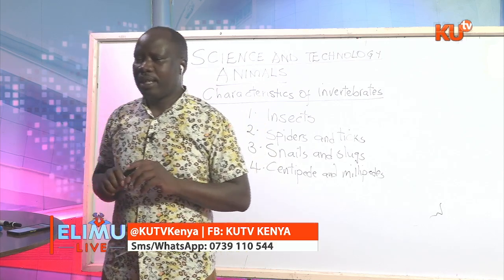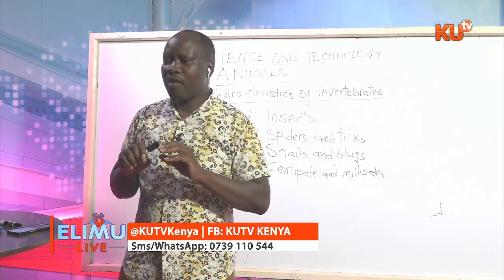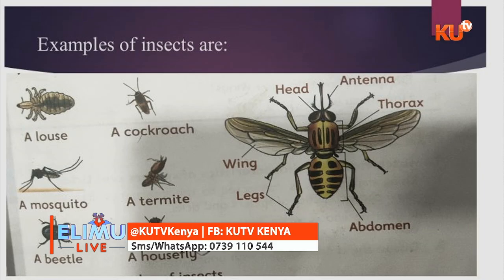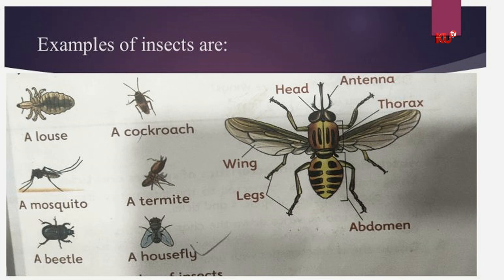Let's look at that slide, so that we see, is there any insect that does not have wings? Look at the first one, a louse. The plural is lice. A louse does not have wings, but it has 3 body parts, it has 3 pairs of legs, it has antenna, and it has that hard outer covering layer, which I've said is called exoskeleton.